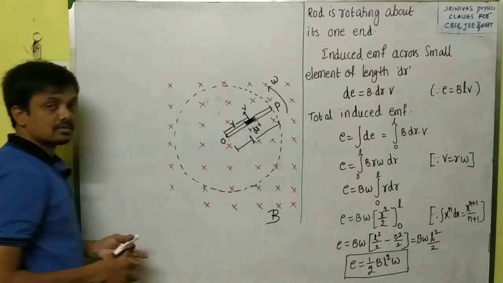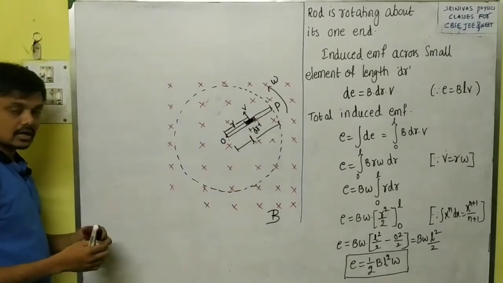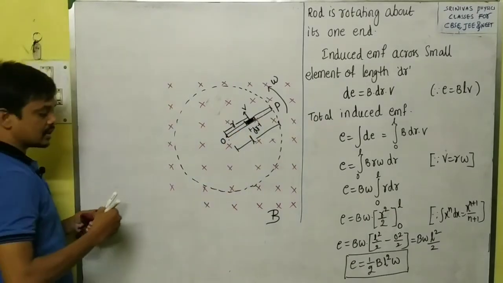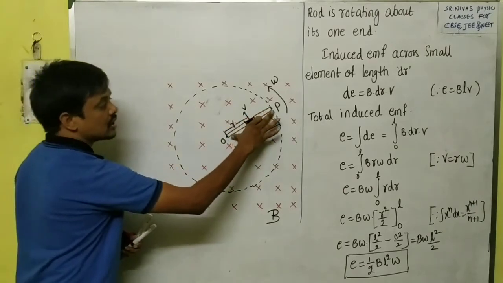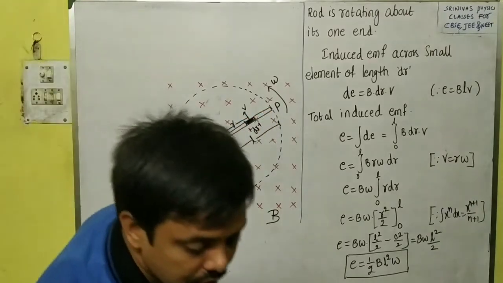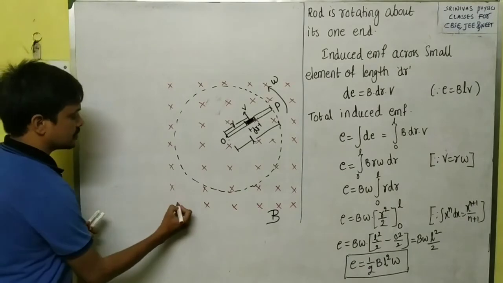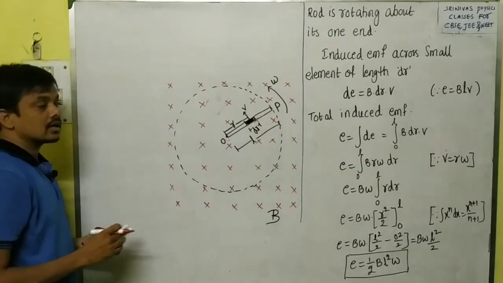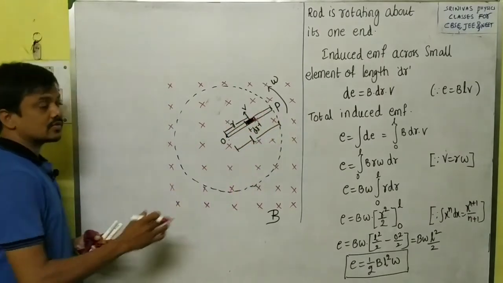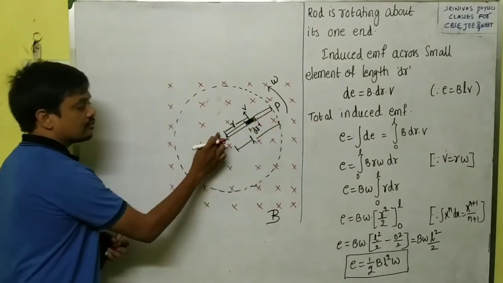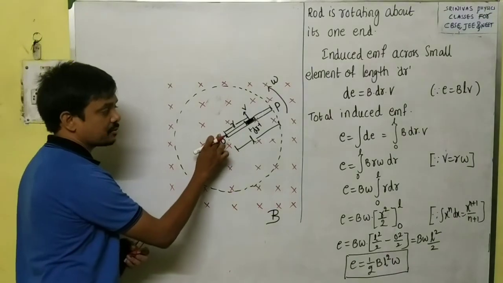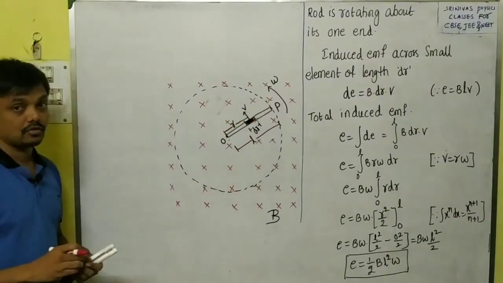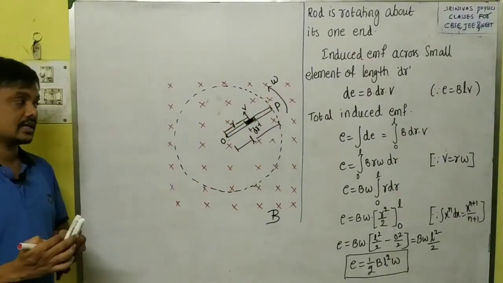Across this induced EMF, the EMF is produced, and this will act as a cell. That means one side will act as positive and the other side as negative. Then which acts as positive and which acts as negative?